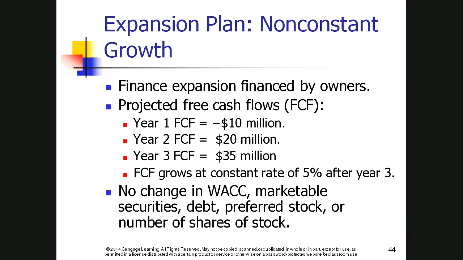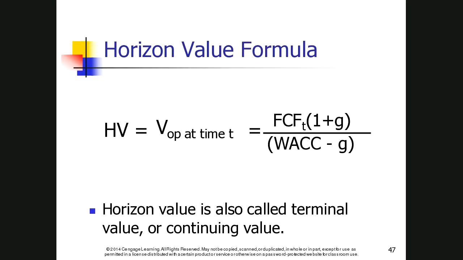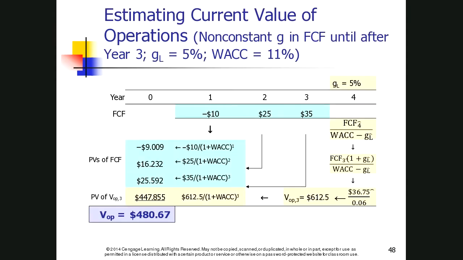Okay, negative 10, 20, 35. Or sometimes we call it a continuing value. So we get the third free cash flow, which is $35, multiplied by the long run growth rate 5%, and then divide by the WACC 11% minus the 5%. You're going to get 612.5.